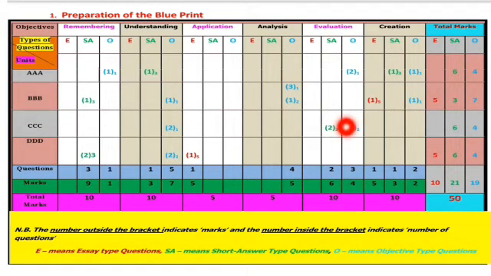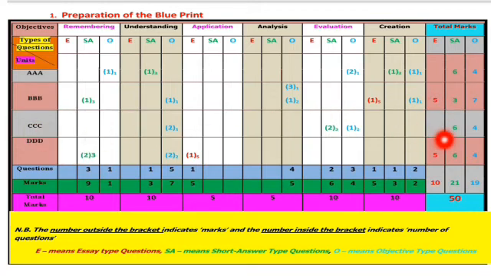So similarly, for the first unit, unit A, 5 plus 4 is what? 10. For unit B, 5 plus 3 plus 7, how much is it? 15.